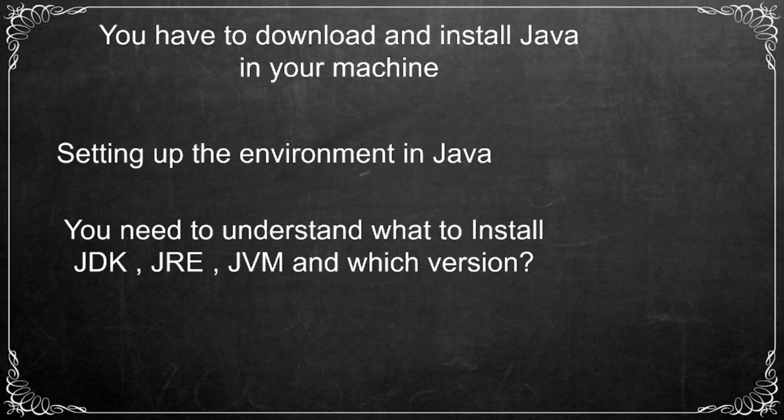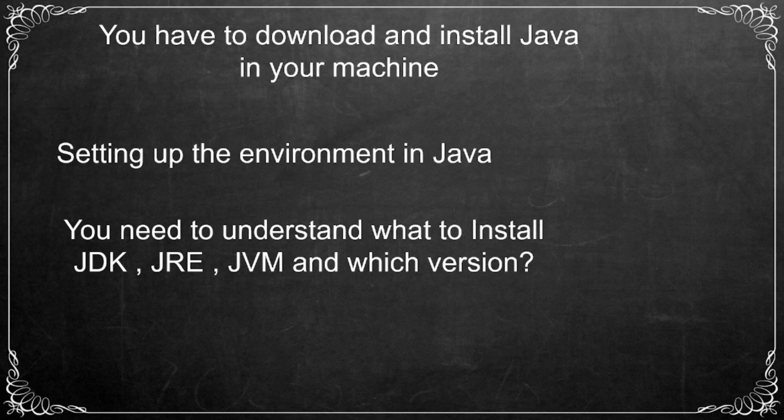For that, you need to understand what to install, which version of the software to install, whether to install the 32-bit JDK or the 64-bit version. After that, you need to understand whether you have to install JDK, JRE, or JVM.